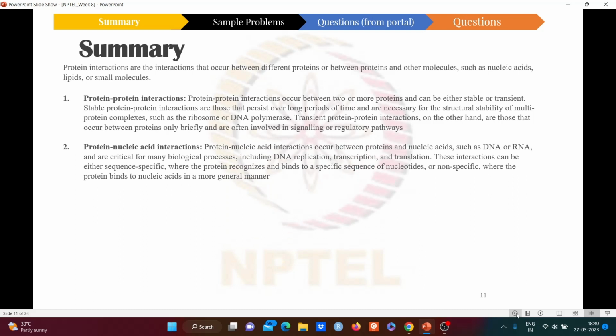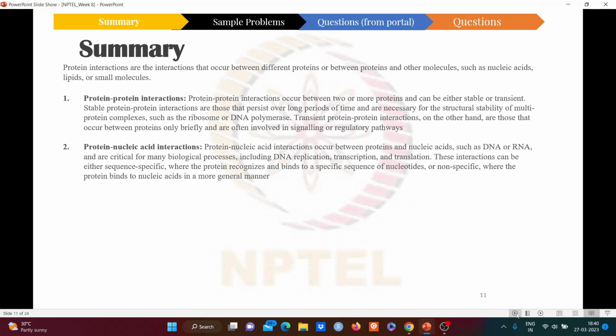Okay, moving on to protein nucleic acid interactions. Protein nucleic acid interactions occur between proteins and nucleic acids such as DNA or RNA and are critical for many biological processes including DNA replication, transcription, and translation.